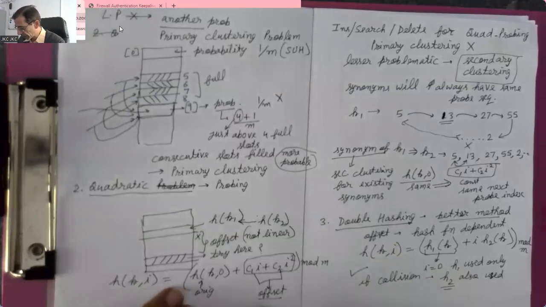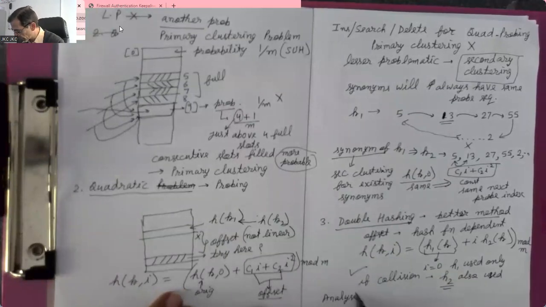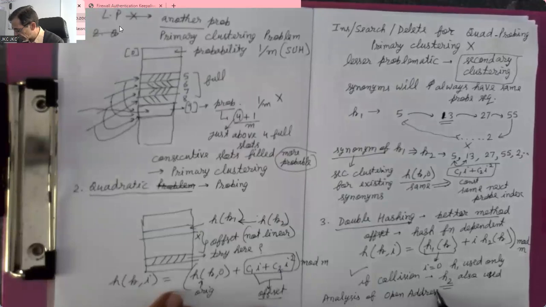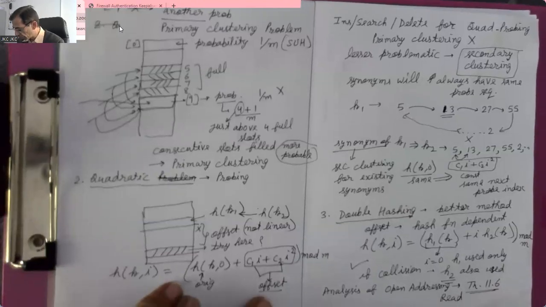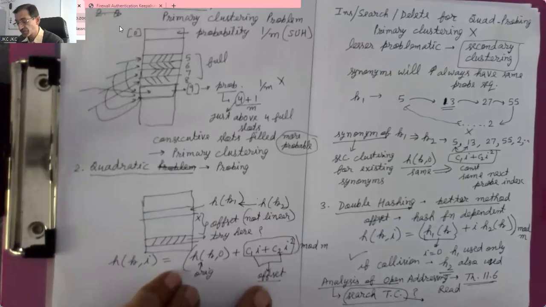So I will just wind up my discussion here. The analysis of open addressing is also to be covered, and like we talked yesterday about synonym chaining analysis for searching and time complexity, that is given in the book as theorem 11.6. You should read it. The aim is simple: we always want the time complexity not to be high, especially for searching.